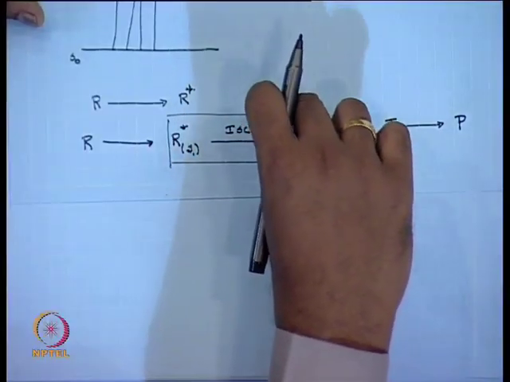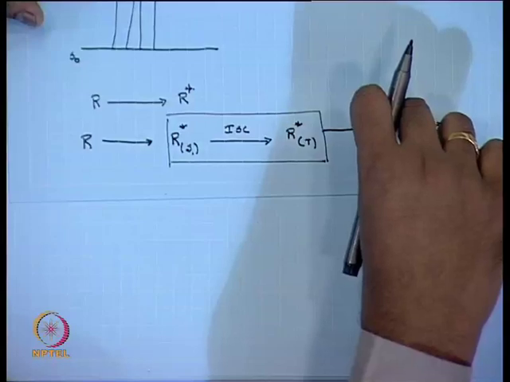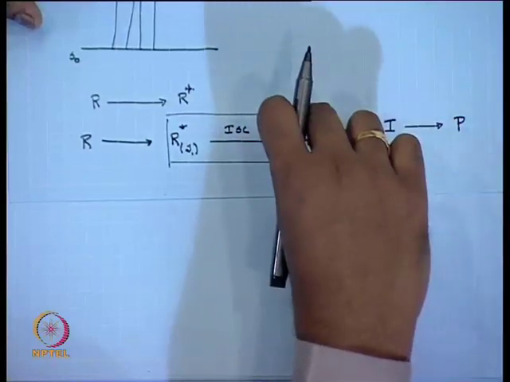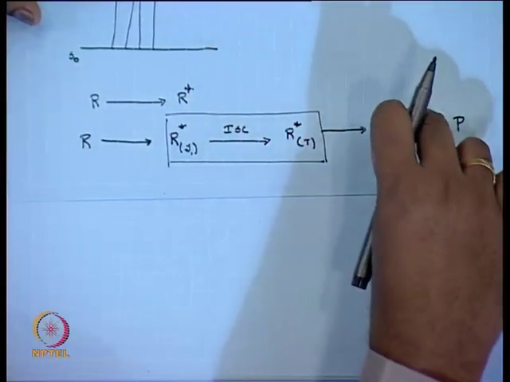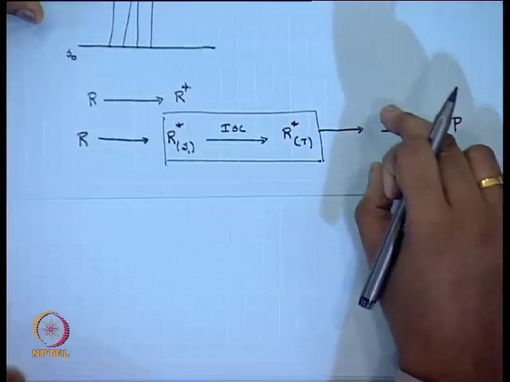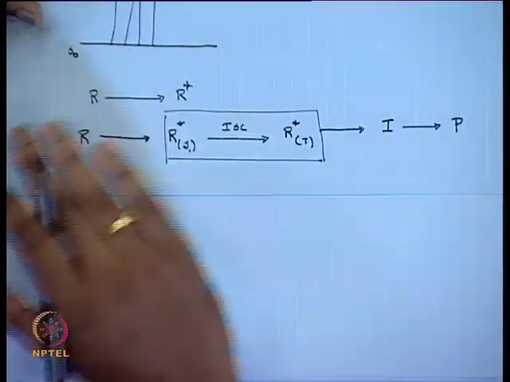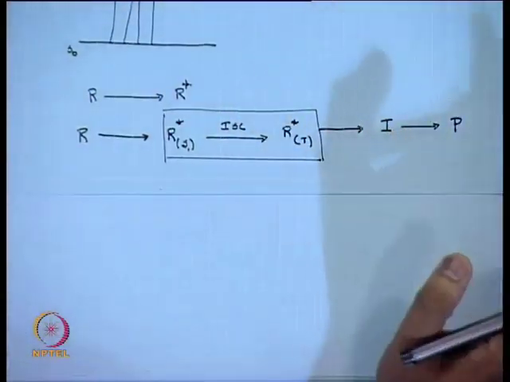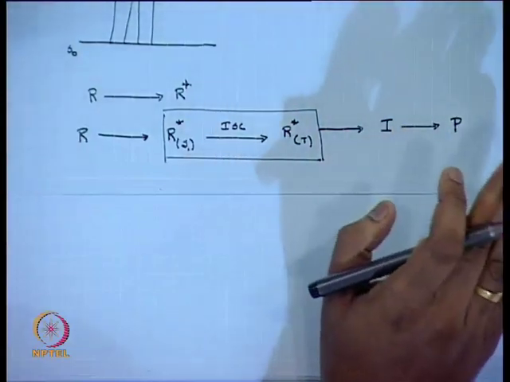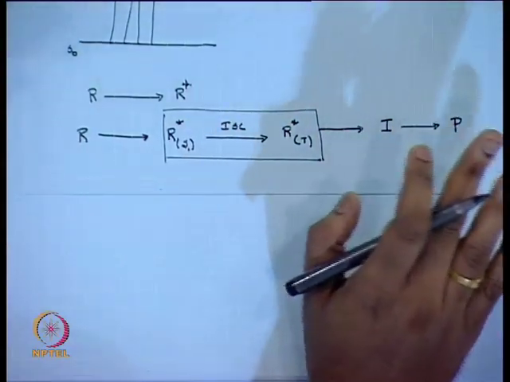Once we discuss, then we will move from R star to I. We will try to understand how R star gets transformed into I, and finally how I moves to P. Once we finish the next 2 hour class, we will finish the introduction part. So, this will be the introduction of organic photochemistry. Then we will slowly get into our reactions. Is it clear?